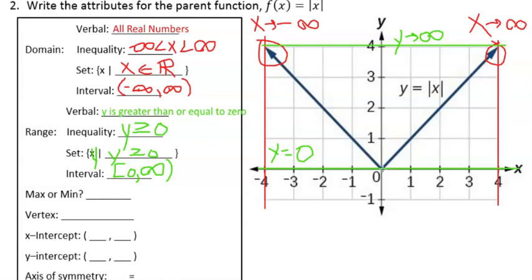So the sharp point is the lowest part of the graph. It's a low vertex, so that is a minimum. The vertex point is at 0, 0, the origin.